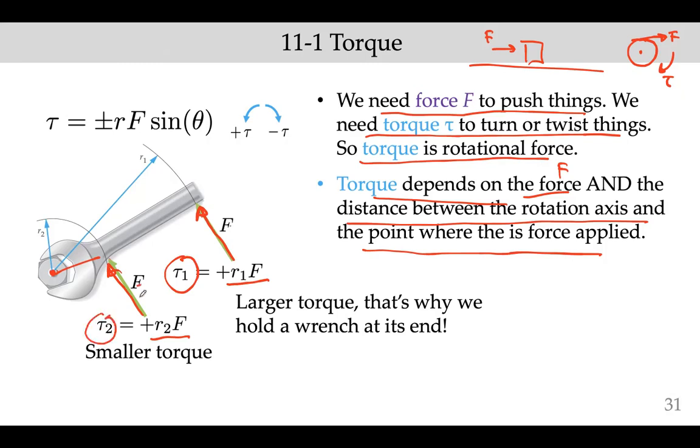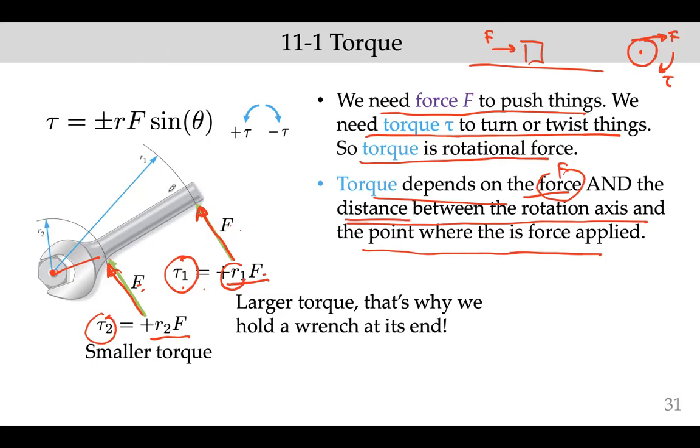Notice that we use the same force. Let's say this is the amount of force that your arm can provide. We're using the same force, but we are getting different torques. What is the reason for that? The reason is that torque not only depends on force, but it also depends on the distance.